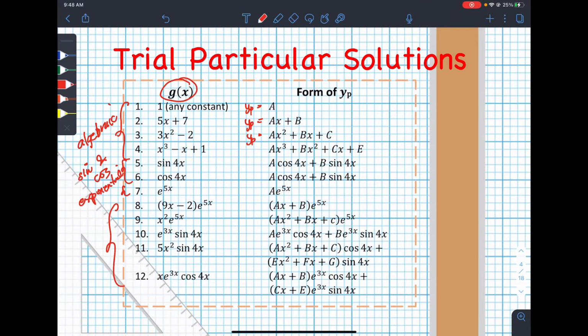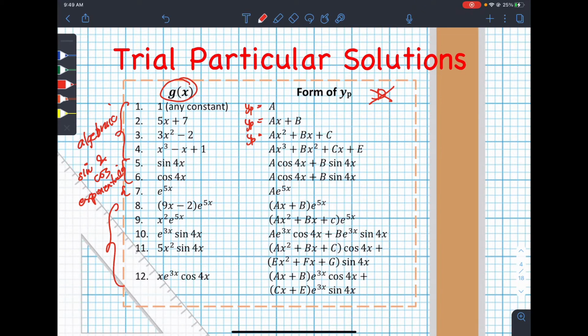We're not using the variable d, as you will notice here. We're not going to use variable d, because d sometimes denotes derivative, so that we won't be confused. Take note here that, for example, if I have 5x plus 7, that's an algebraic, containing an x variable plus a constant.